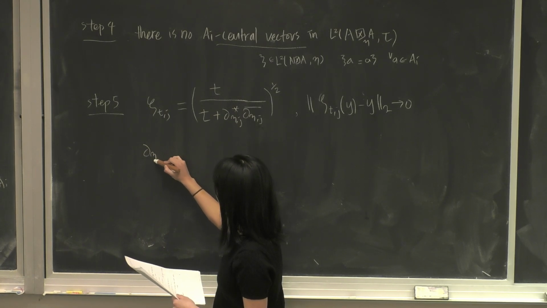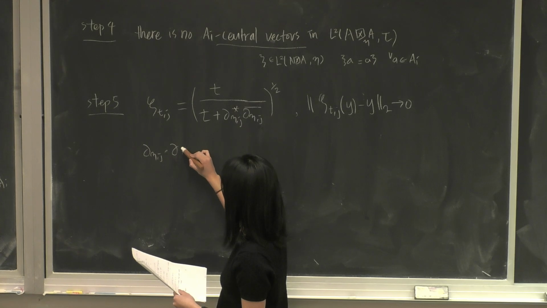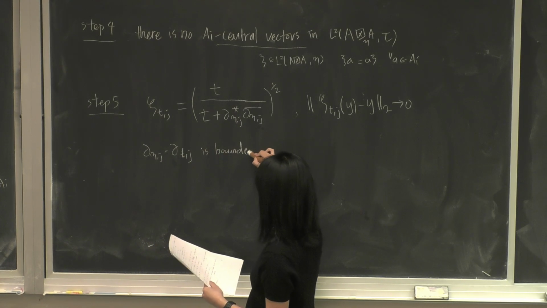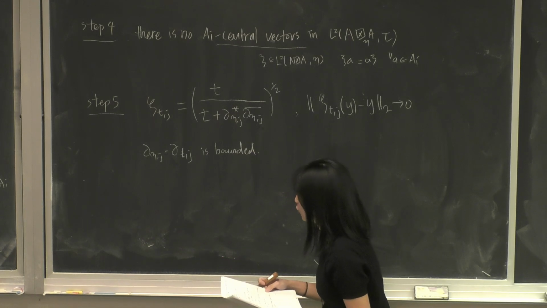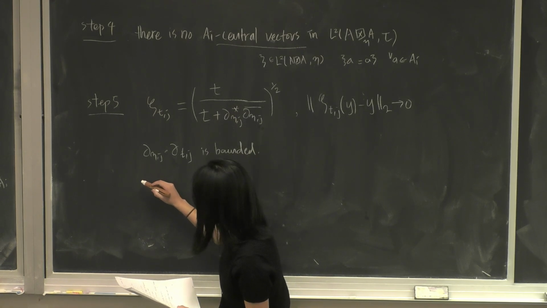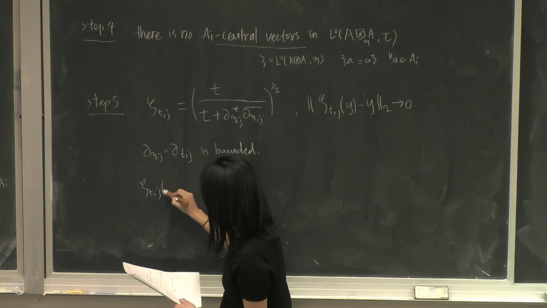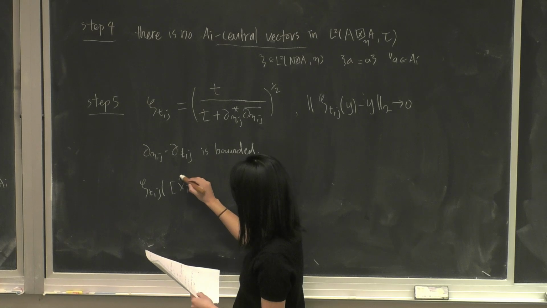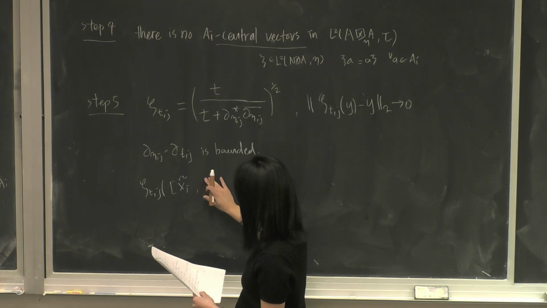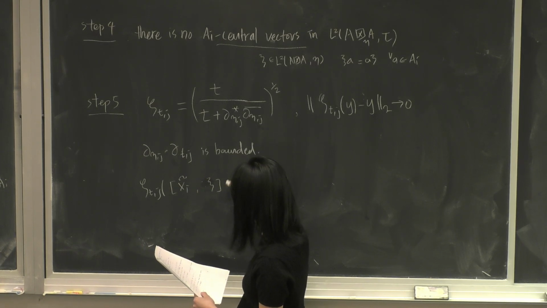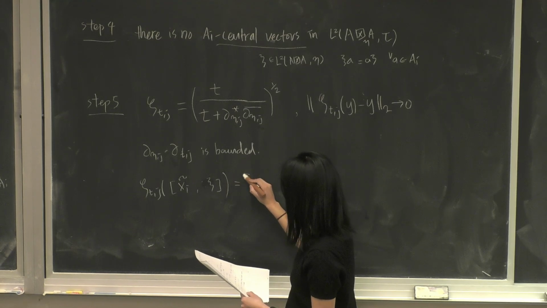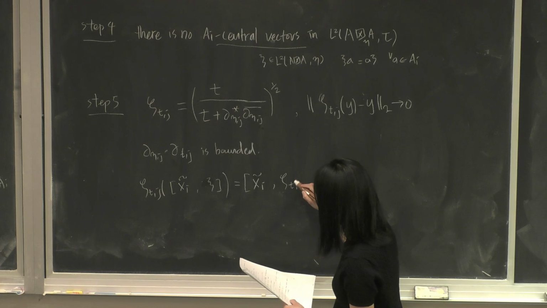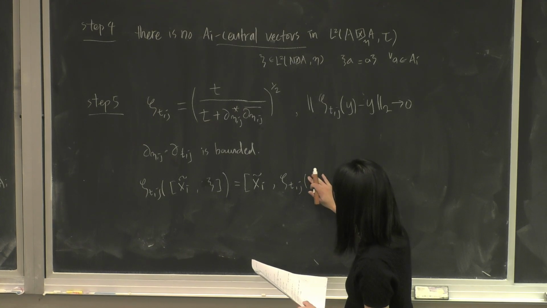And one other thing is this is bounded. And one can show this zeta of the commutant of xi tilde and any vector c in L2 of M is the commutant of xi tilde and x zeta tj c.